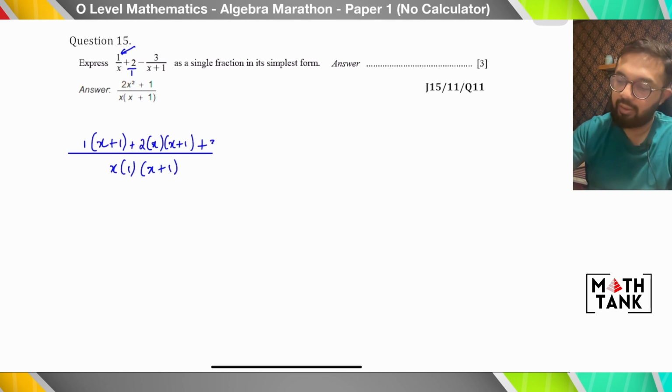And what do I multiply 3 with? I multiply 3 with whatever it is missing in the denominator, and it's missing an x in the denominator, which is there in the LCM that you've taken. Plus 2x.